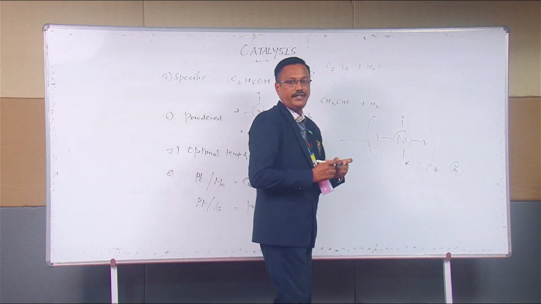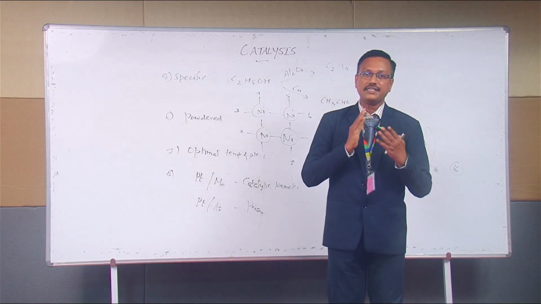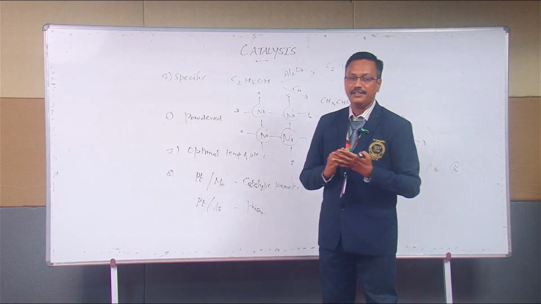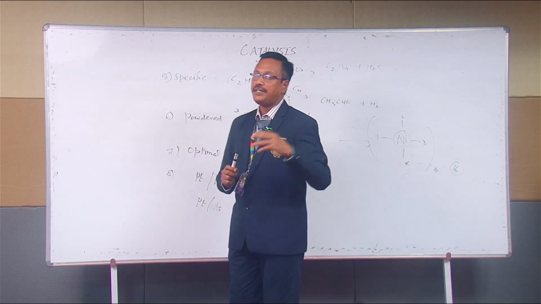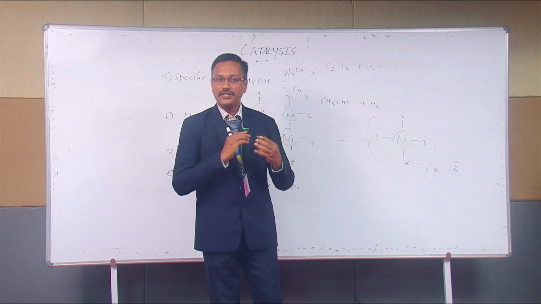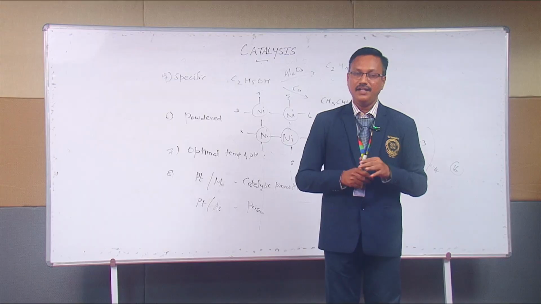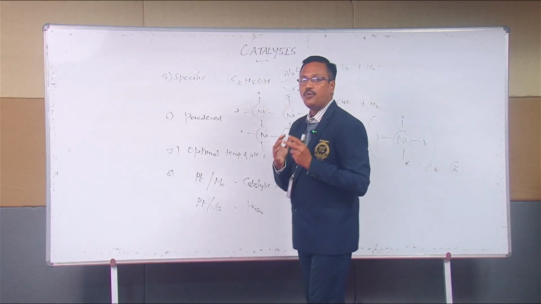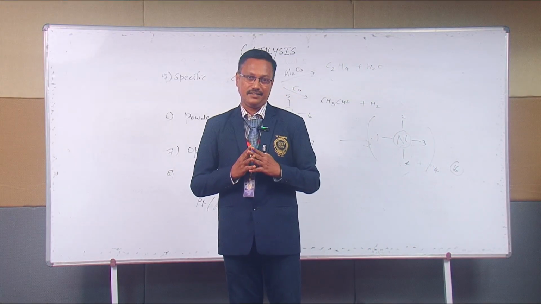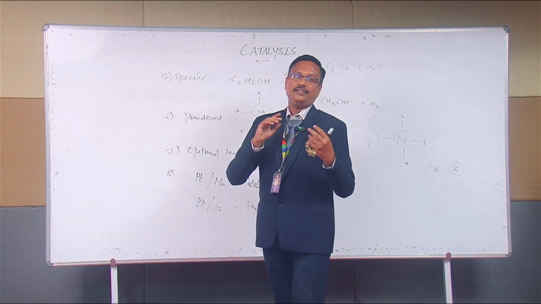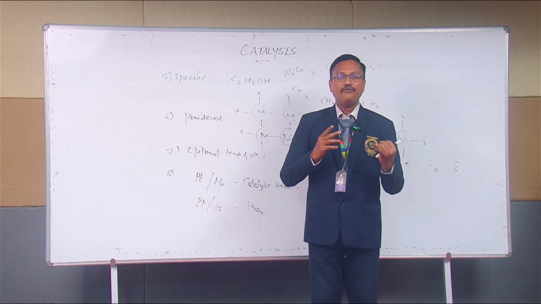Let us reconsolidate. We studied what is catalyst, what is positive catalyst, what is negative catalyst, what is the mechanism of catalysis, what is homogeneous catalysis, what is heterogeneous catalysis, and the comparison. And finally, we discussed the salient features of catalysis. We started with the catalyst can have physical conversion.